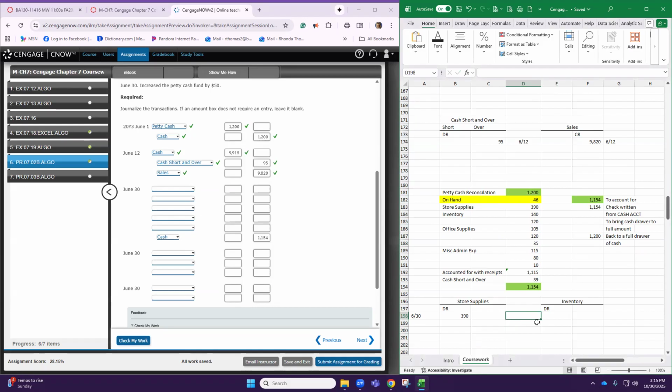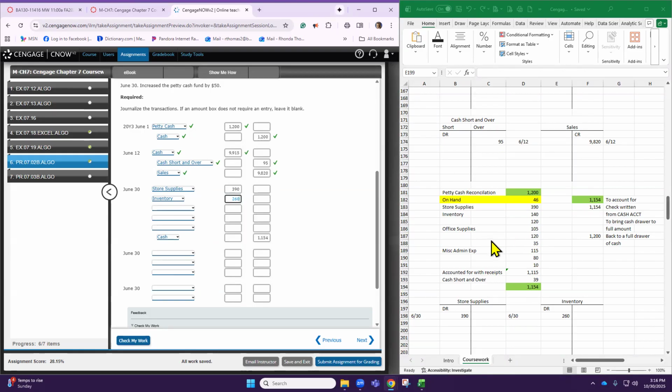Let me put this in here, 6/30. And this is going to be this number plus this number. So the first one is store supplies for $390. And then we have inventory for $260. That's both of those amounts together.